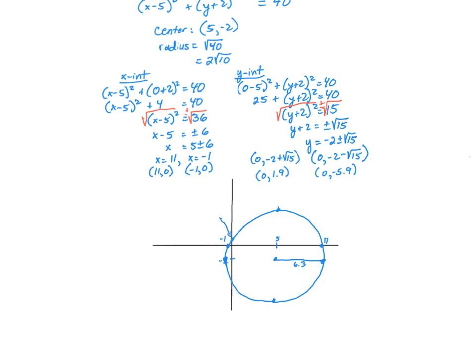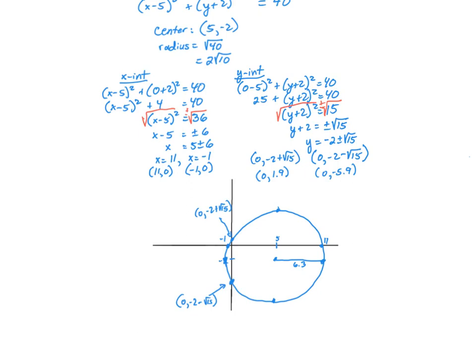It doesn't seem quite right, but notice it's positive, so it's not too bad. So this is at (0, -2 plus the square root of 15). And this point down here should be at (0, -5.9), or exactly (0, -2 minus the square root of 15). So those values seem reasonable.